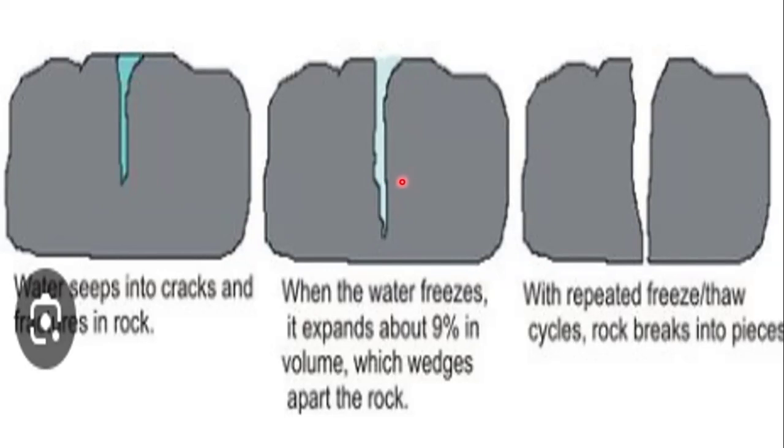This process of increasing temperature during the daytime, turning into water, and at night time when the temperature goes below freezing point, the water freezes. Continuous expansion and contraction makes the rock weak, and widening of the cracks and joints act as lines of weakness in the rock.